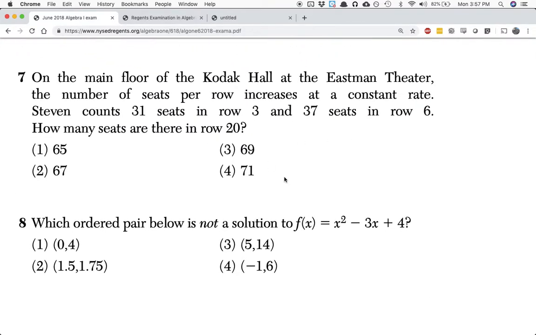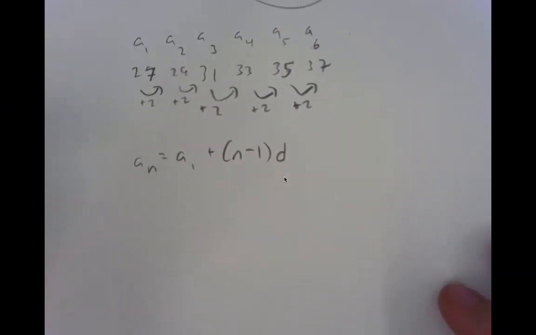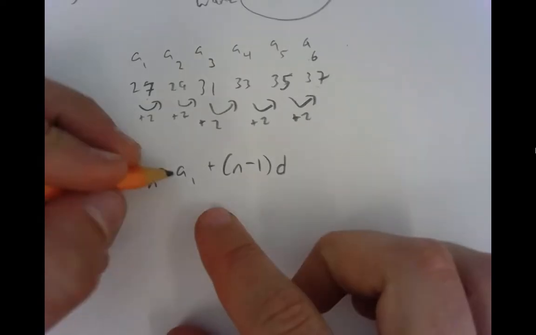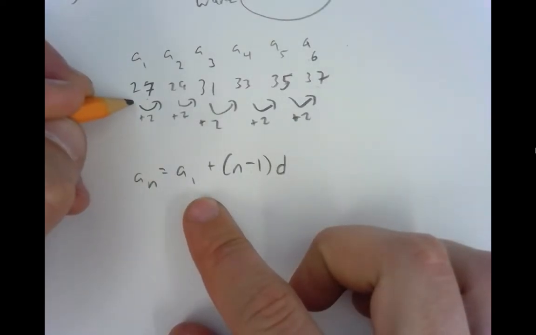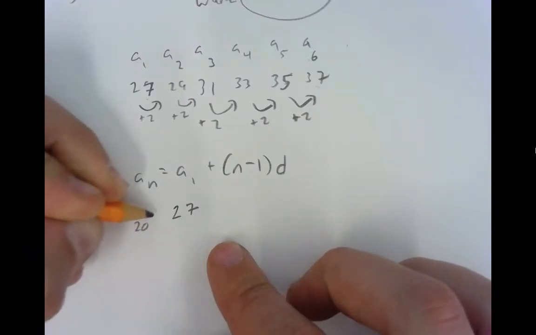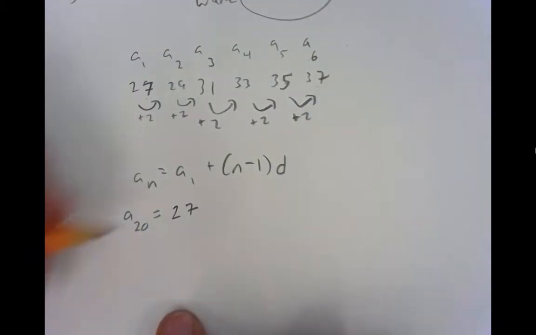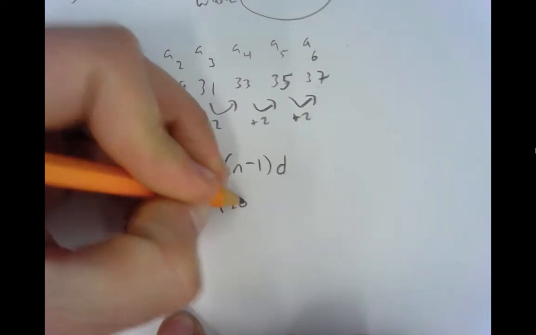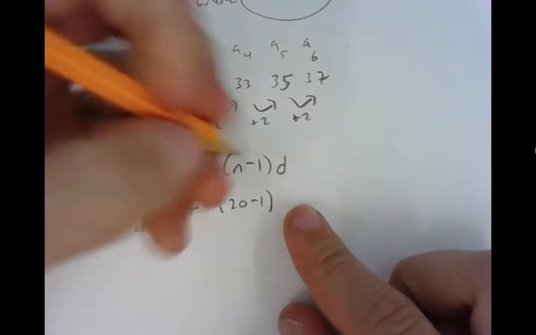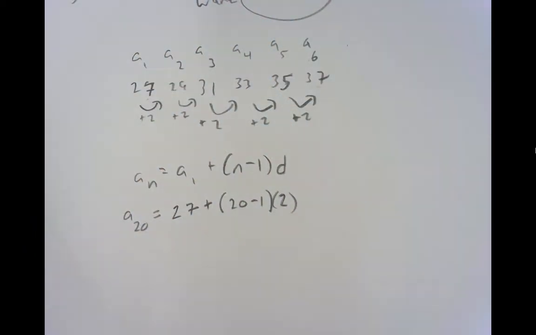Let's find row 20. So here's my arithmetic sequence formula, and I can just start plugging in. A of 1, we went backwards in time to find, was 27. We're trying to find the 20th seat, so I'll put a 20, because it was n before, it's 20 now. I'm going to put 20 in here, minus 1. And d is the amount I change by. I change by positive 2 each time.